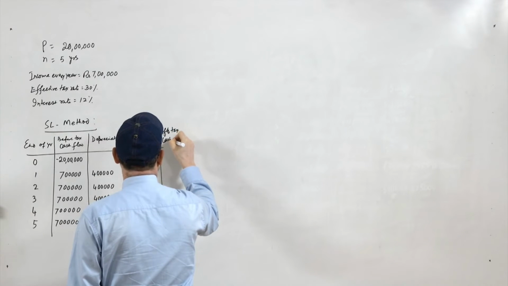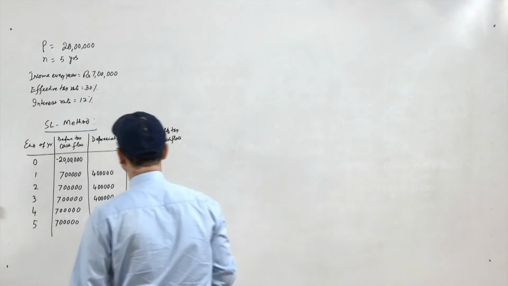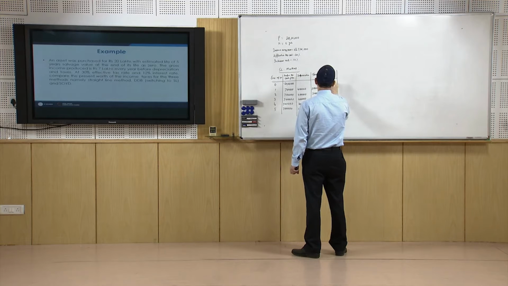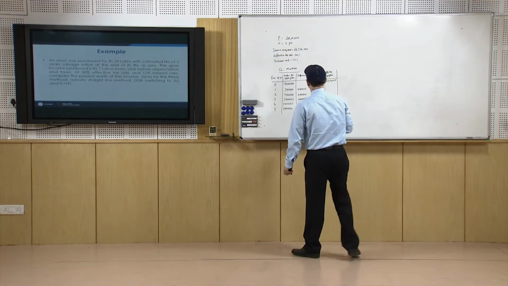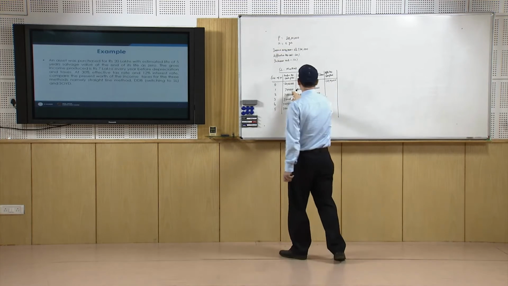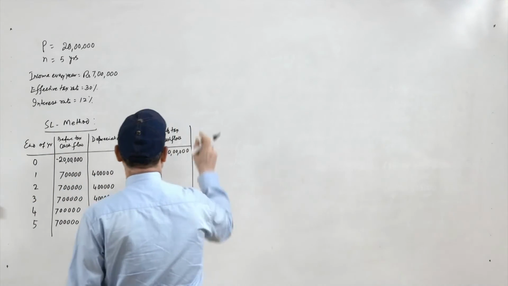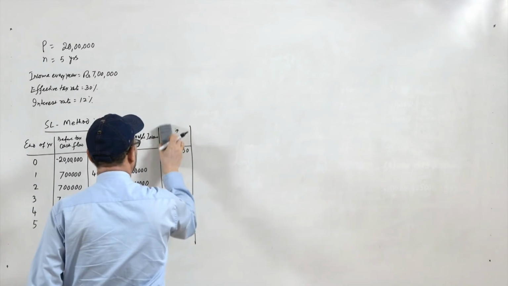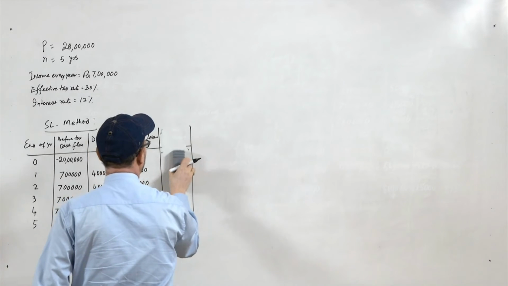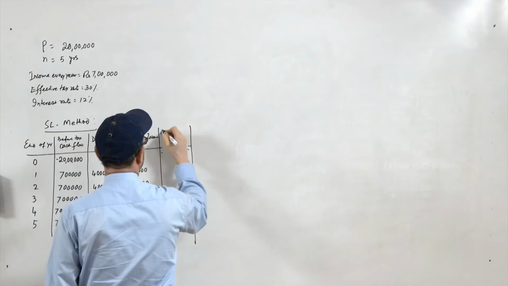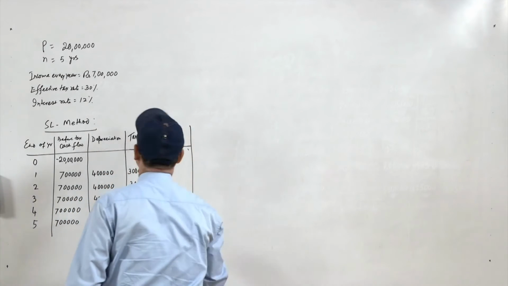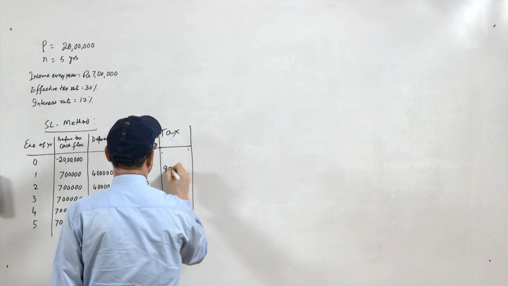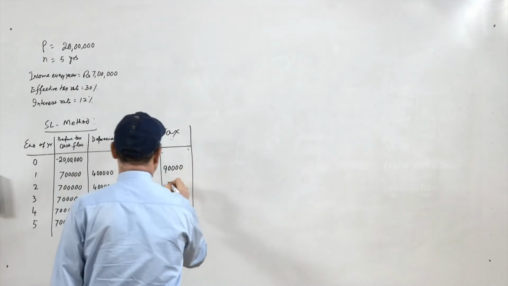In the after tax cash flows, you have minus 20 lakhs in the beginning, but before that we have to compute the tax. The effective tax rate is 30%, so it is 90,000 in every case.